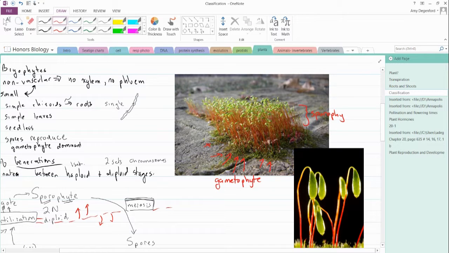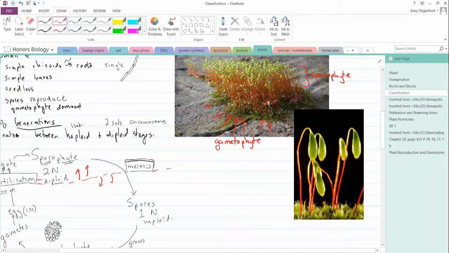That's why we would call it gametophyte dominant, my bad. So the gametophyte dominant, because that's what we see, the mosses that we would be walking around in our backyard and we look down and there's a moss. Most of the time what we're looking at is the gametophyte. Oh, there's the leaves, there's the plant. Well, that's gametophyte. And the sporophyte is growing out of the gametophyte.